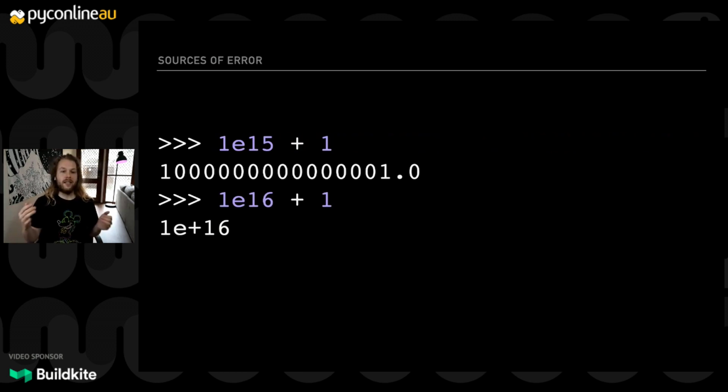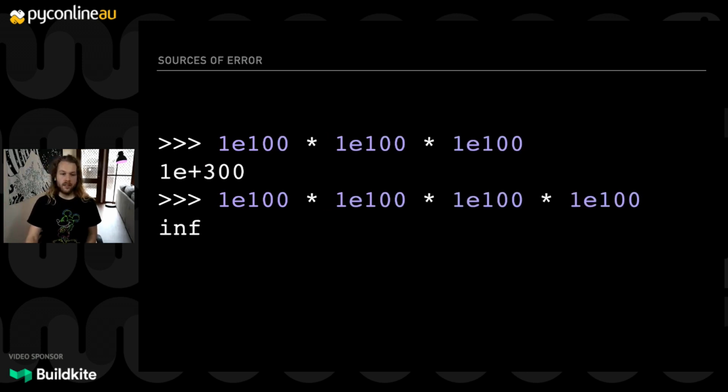If we're adding one big number to a smaller number, what we will find is the small number will be too small to matter. So for example, if we add 1 to 10 to the power of 16, we'll just get 10 to the power of 16. Another problem is overflows. So if we have the googol, so 1 followed by 100 zeros, if we multiply it by itself 4 times, that overflows to infinity.